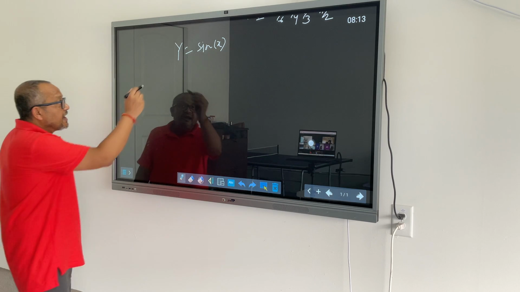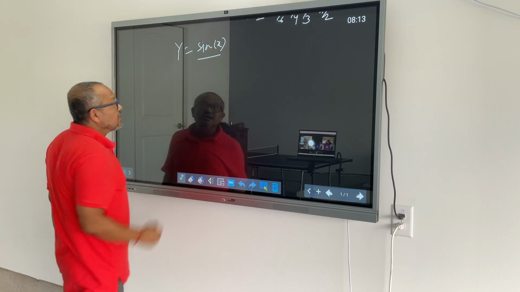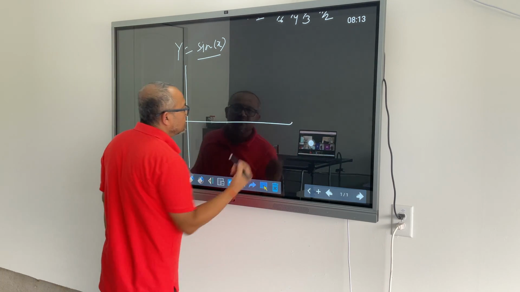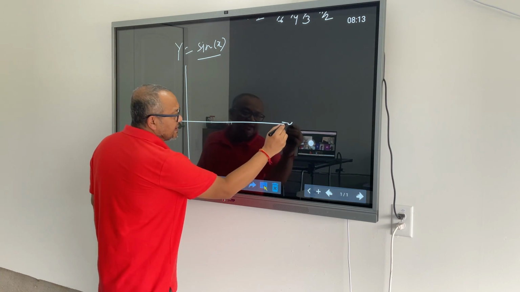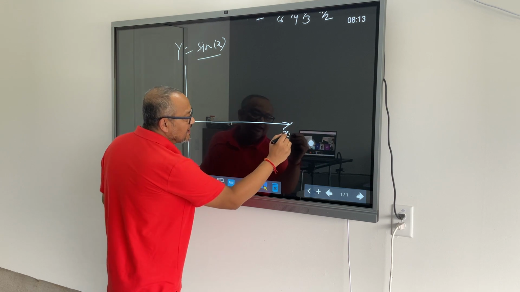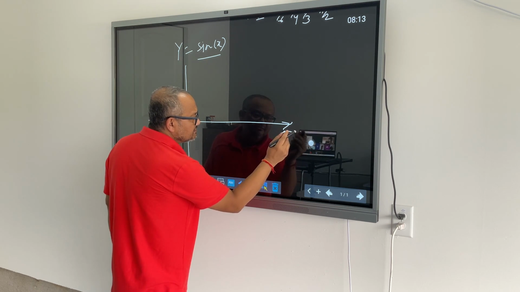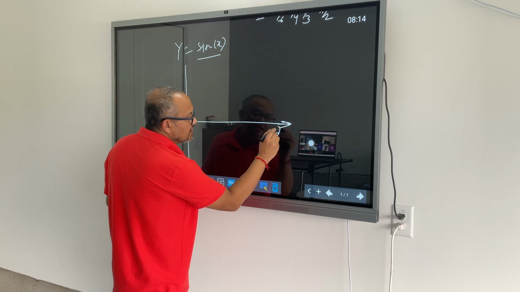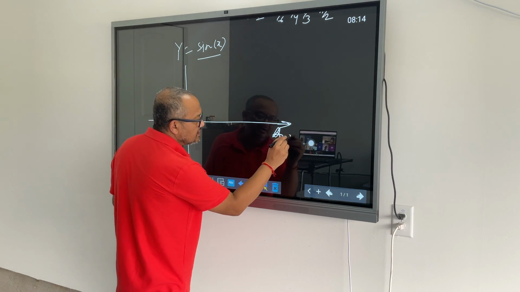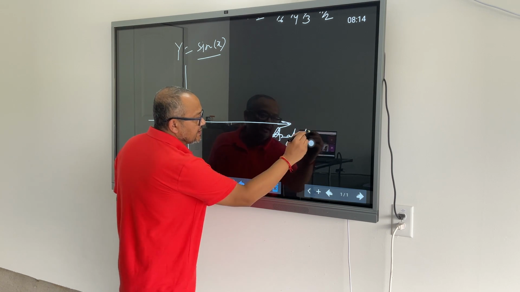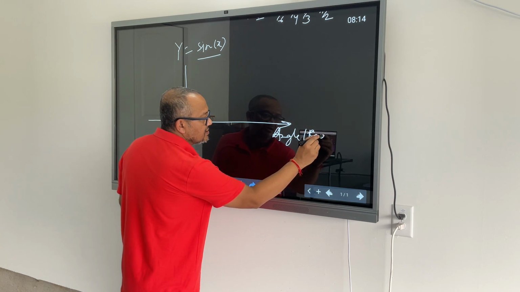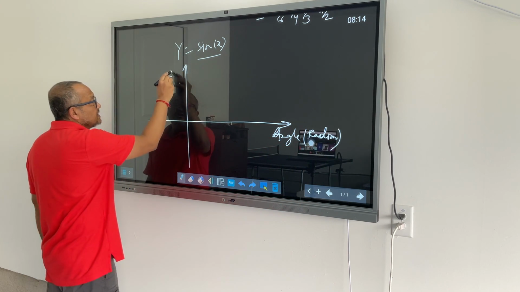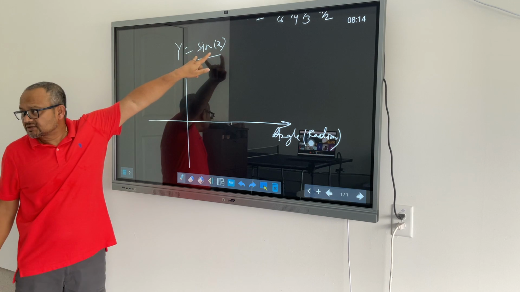So if I am trying to plot sine of x in a coordinate plane, along the horizontal axis will be the angle in radian, and along the y-axis is y, which is equal to sine of that angle.